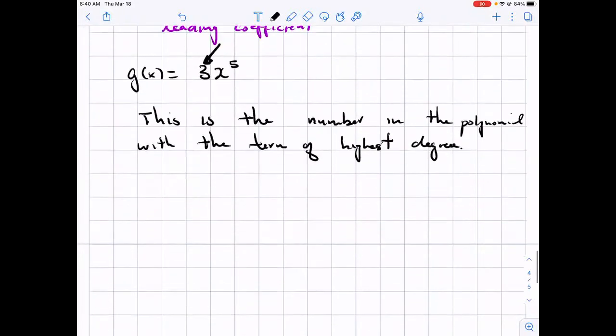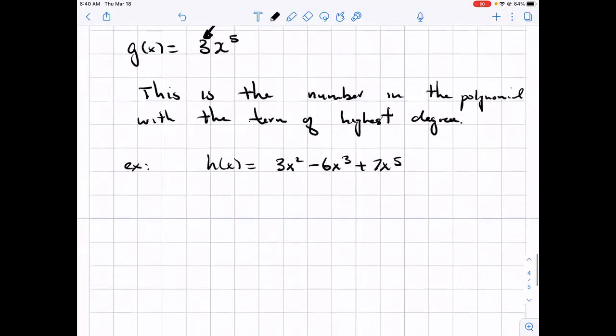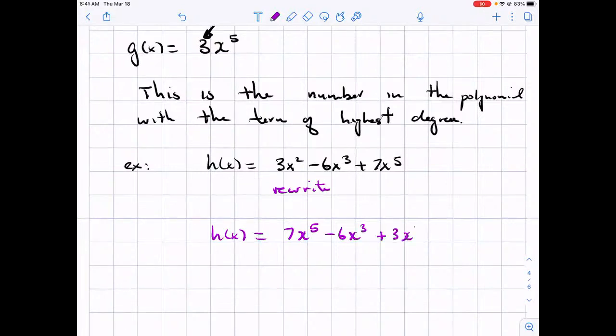And what do I mean by that? For example, let's choose a different one, h of x is equal to 3x squared minus 6x cubed plus 7x to the 5th. What we have to do is rewrite it. If we rewrite this, we have h of x is equal to 7x to the 5th minus 6x cubed plus 3x squared.